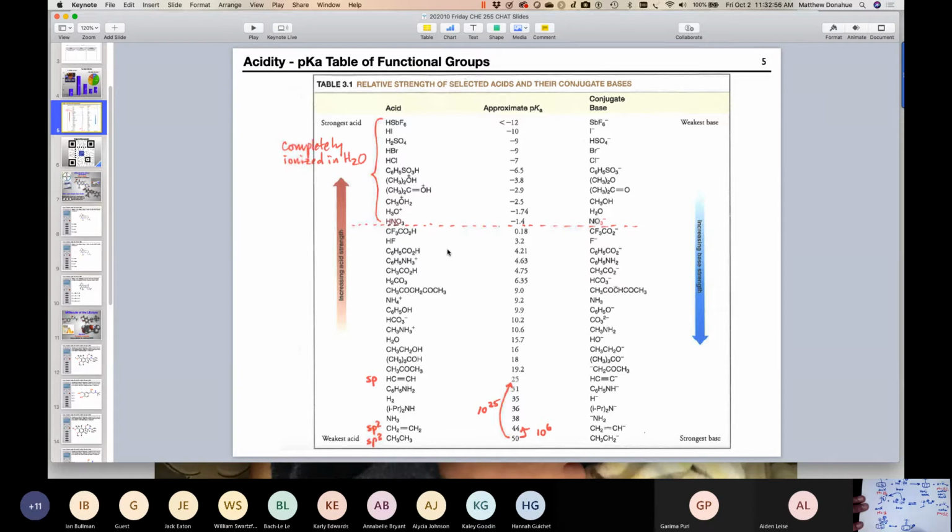We can draw more such resonance forms that further show how this negative charge moves around. The more you stabilize it, it's a way of thinking about how this is much more acidic than this, where the negative charge is only located on that single oxygen.